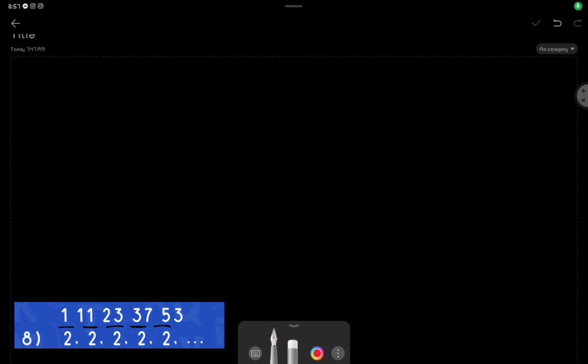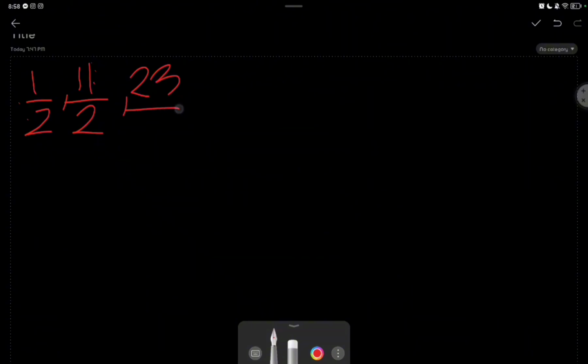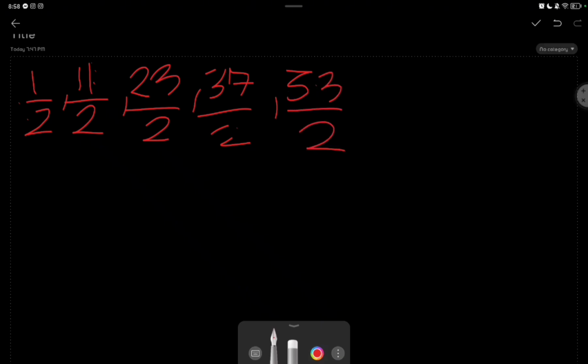Okay, now let's proceed to the last three, which is number 8. The given in number 8 is fractions: 1 over 2, 11 over 2, 23 over 2, 37 over 2, and 53 over 2.